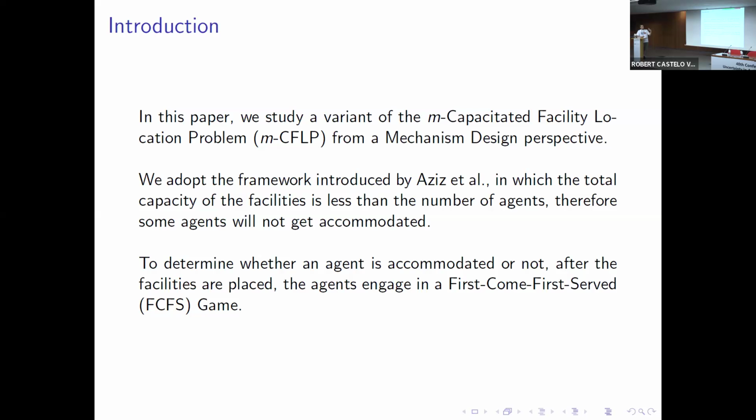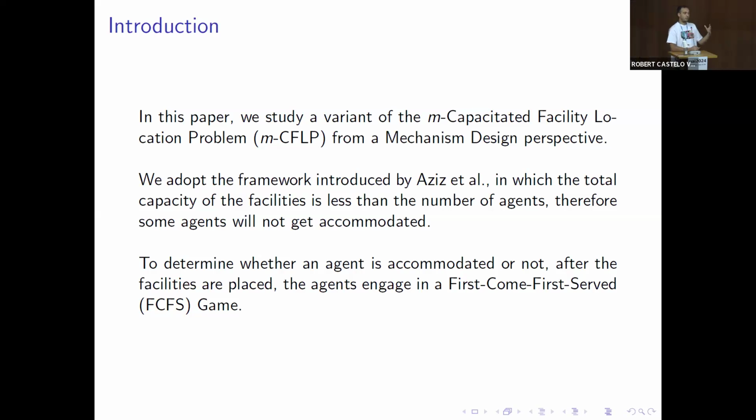In this paper, we are considering, again, as the title suggests, the capacitated facility location problem from a mechanism design perspective. We are considering the framework introduced initially by Aziz et al., in which the facilities cannot accommodate all the agents. For example, you have 100 agents and only 70 of them can be accommodated.